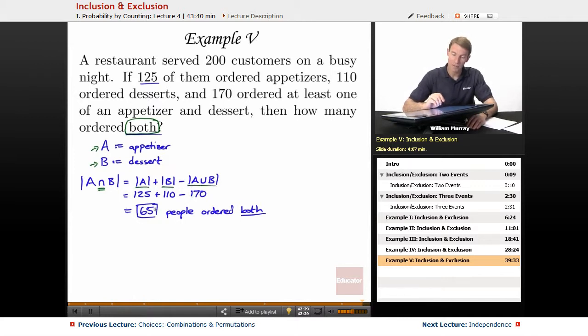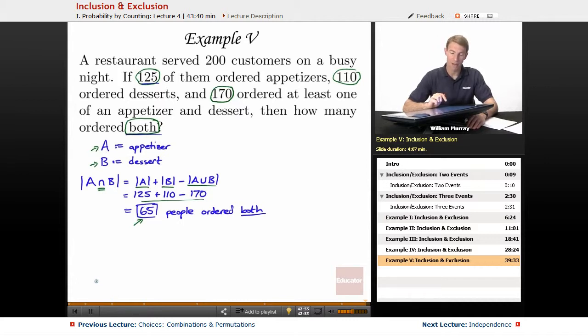And we know the size of those because it's given to us in the stem of the problem. 125 ordered appetizers, 110 ordered desserts, and 170 ordered at least one. So that's the union right there, the 170. And then we just run the arithmetic here, and we end up with 65 people ordering both appetizers and desserts. 65 people in the intersection there.